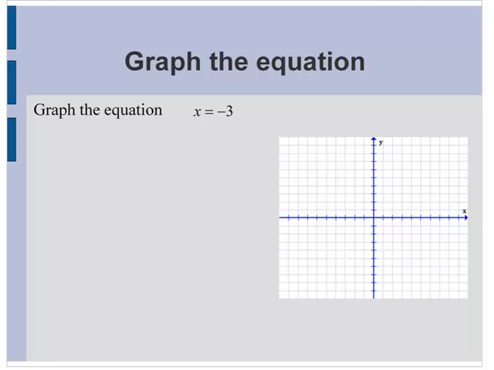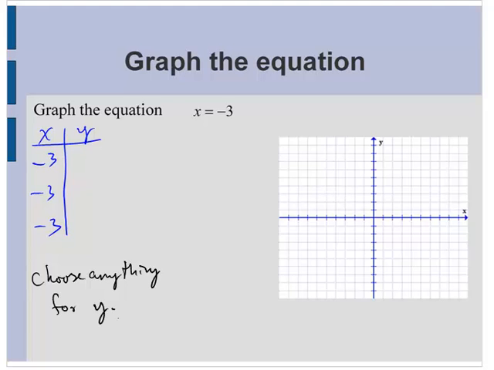So why don't you try this one on your own? Graph the equation x equals -3. Well, if I use a similar process, I set up my table, the x values must be -3. So I'm going to immediately put several -3s in the x column. Then again, I'm going to choose anything for y. So how about -4, 0, and 2?